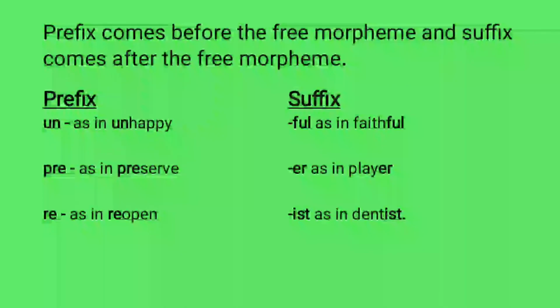Let's now look at some examples under prefix. Un, as in unhappy. Pre, as in preserve. Re, as in reopen. Suffix. Ful, as in faithful. Er, as in player. Ist, as in dentist.